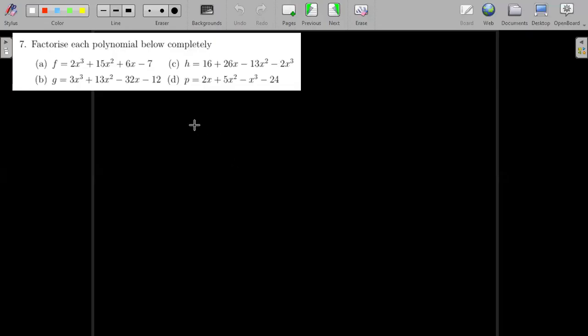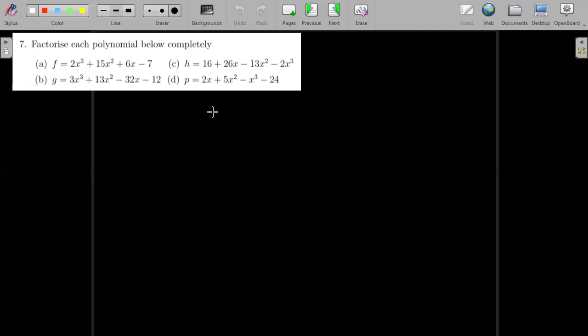In this tutorial, we're going to focus on factorizing polynomial functions completely. The approach we're going to use is the factor method, where we first find a root using the rational root theorem.